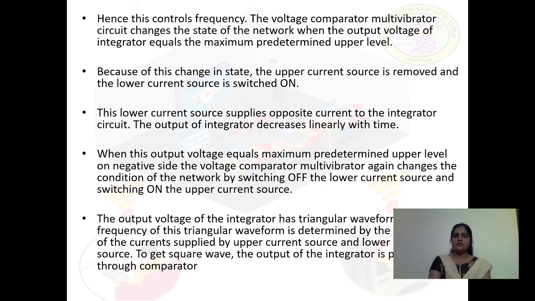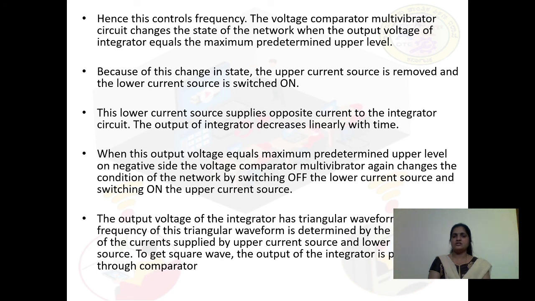If we connect the lower constant current source, the output of the integrator decreases linearly with respect to time. Once this output voltage equals the maximum predefined level on the negative side, the voltage comparator multivibrator again switches the network, switching off the lower one and switching on the upper constant current source. Here the output voltage of the integrator has a triangular waveform.